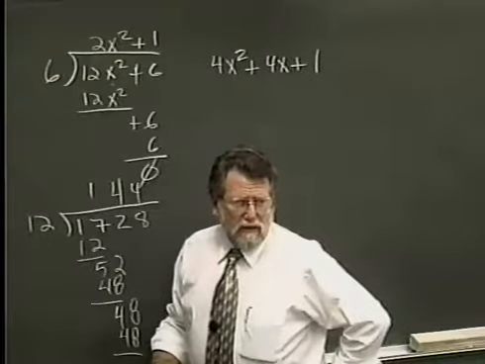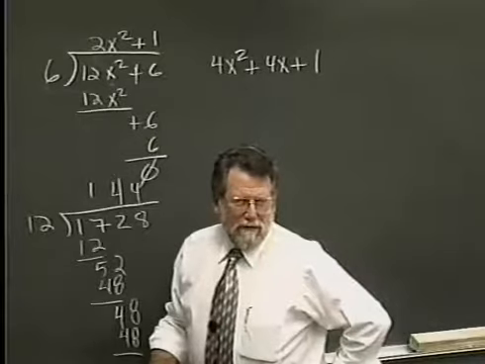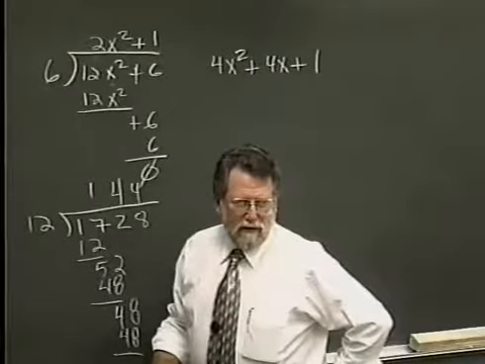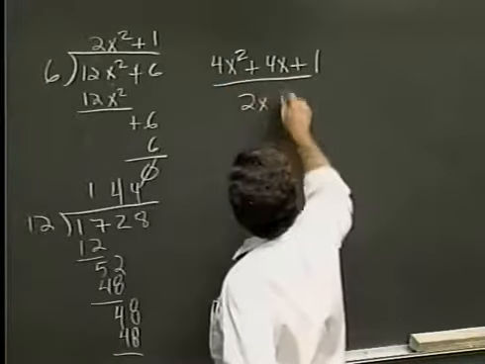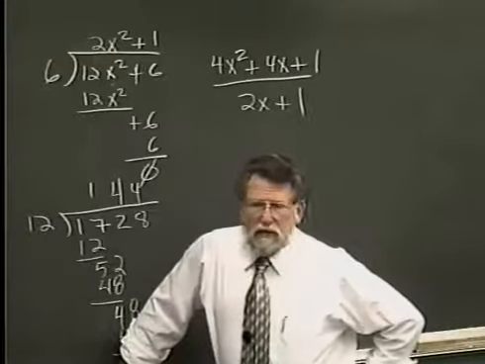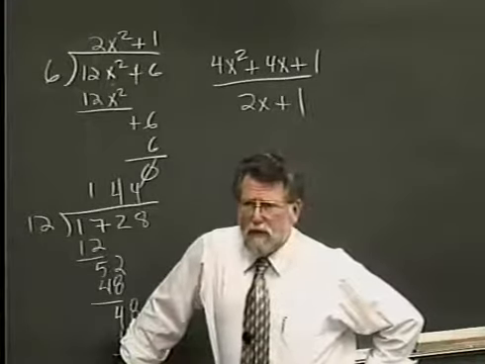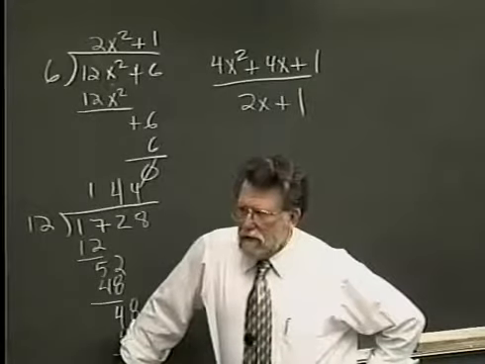What kind of trinomial is it? A perfect square. Okay. But nevertheless, I'm going to consider this quotient. Now that's an implied division. That says divide 2x plus 1 into 4x squared plus 4x plus 1.